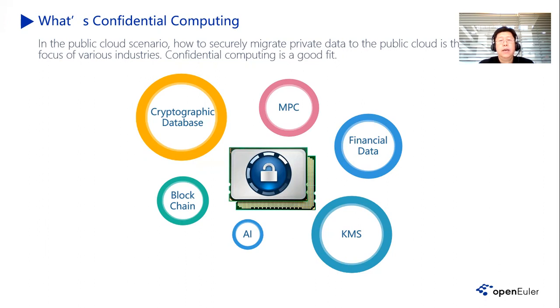The business data is very important for the customer, and some customers worry that if their business is migrated to the public cloud, the data protection is out of control. So actually, confidential computing technology is a good fit to resolve this problem.